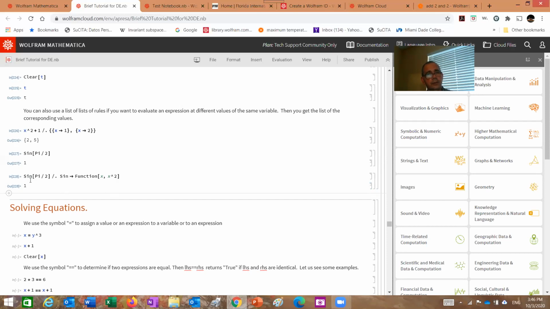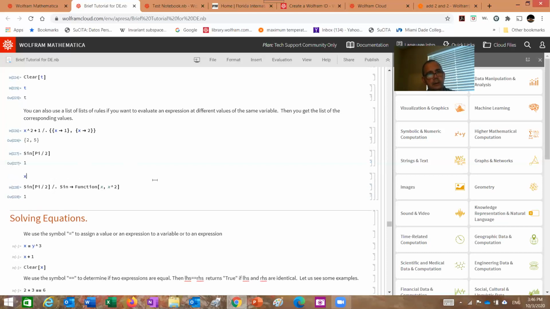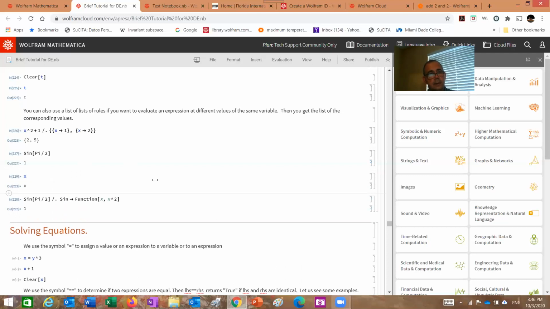And this is wrong for some reason. Sorry. Let me see what is happening here, why this is not working. Let me see, the x. What is the value of x? There is no problem with the x.